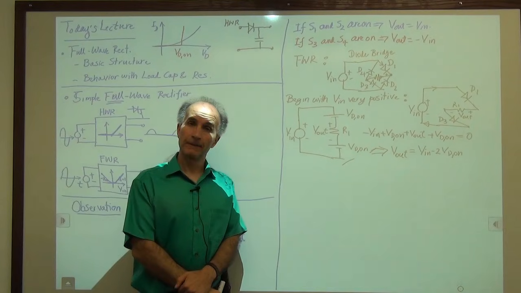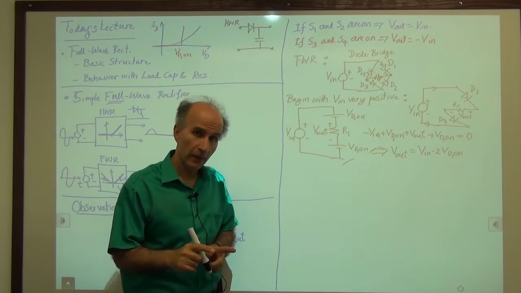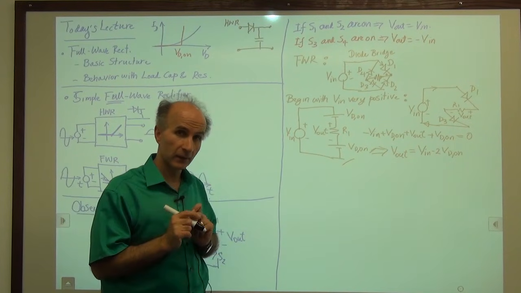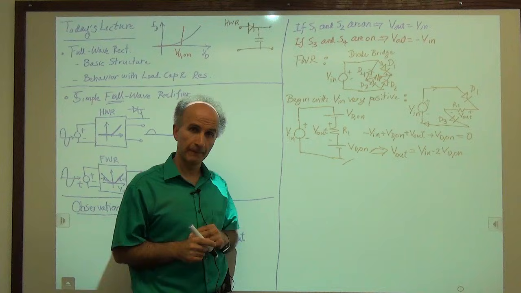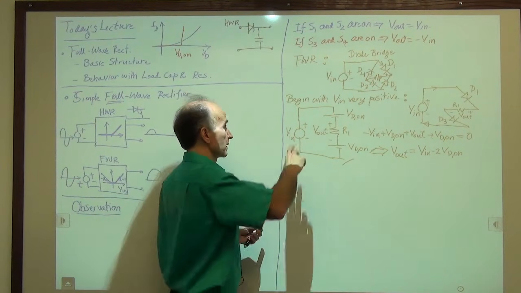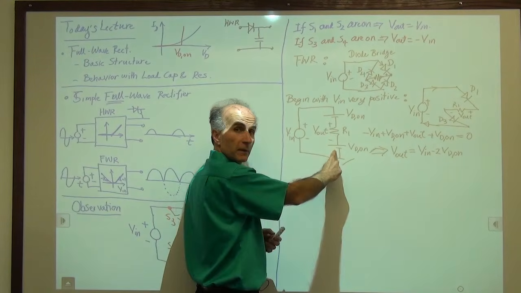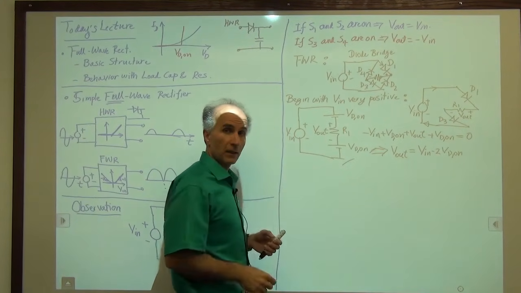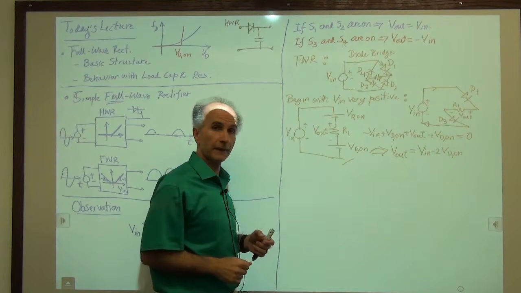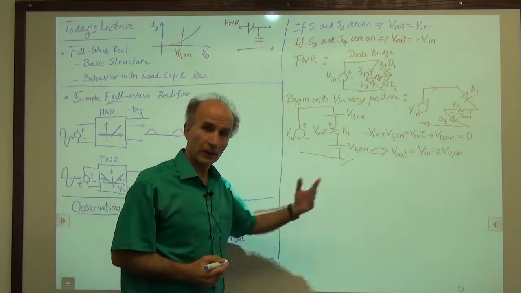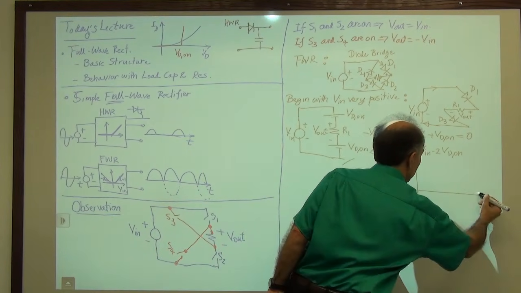So that's very simple. It says that when these two diodes are on, the output is tracking the input, but there's a difference of 2 diode drops between them. And that makes sense because this voltage source is followed by 2 other voltage sources. So the net result that comes available to R1 is 2 diode drops less than V in. So if you draw this behavior, that's what we get so far.